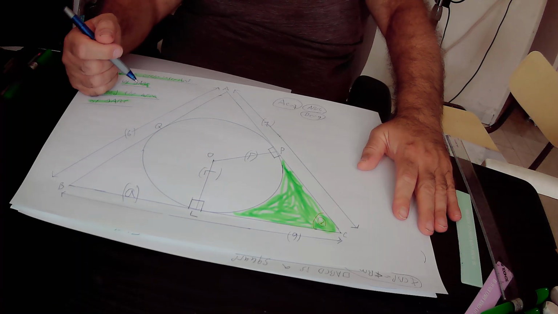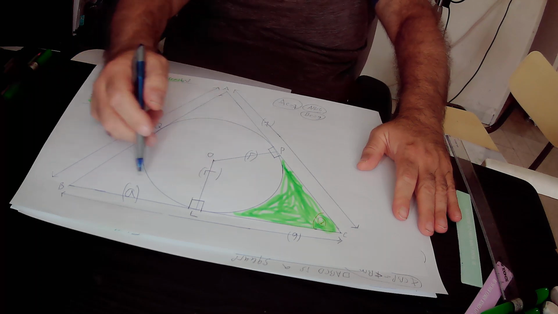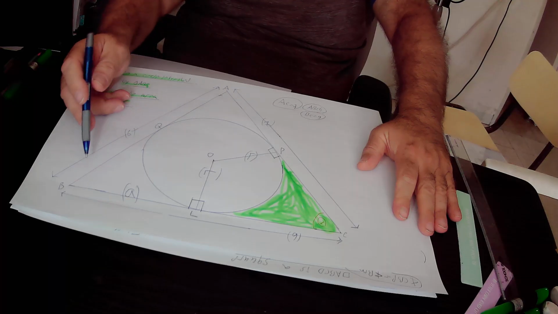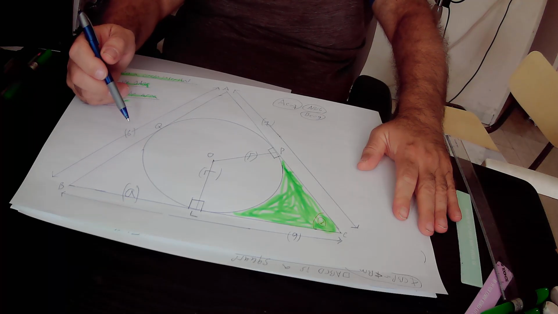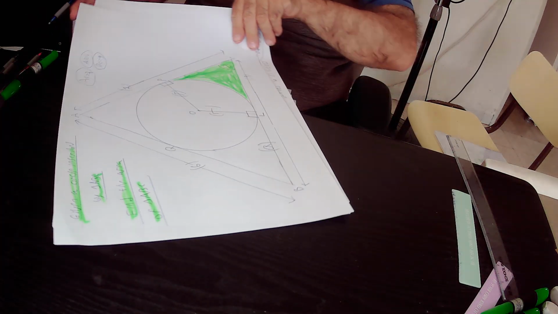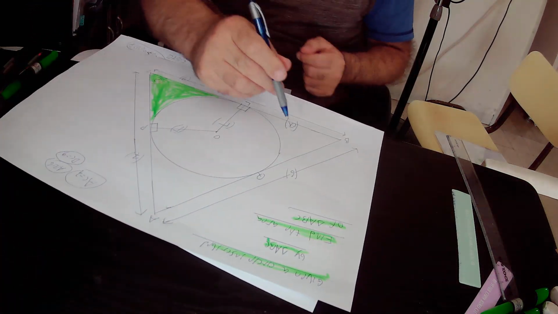According to rule 2, they are equal to each other. That is to say, BL equals BQ. But BL equals a, therefore BQ must also equal a, according to rule 2. BQ equals a in its length.